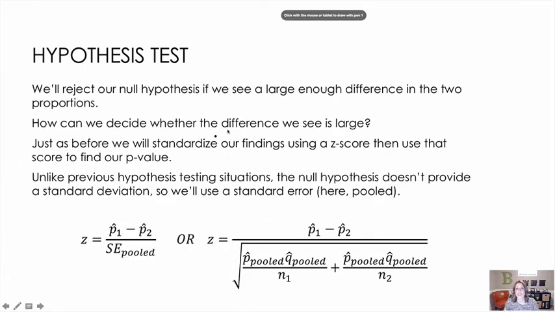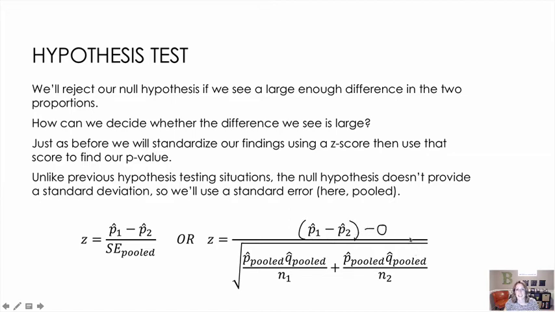Just as before, we're using the same concepts as to whether we reject or fail to reject. We're still going to use 0.05 unless we're in a situation, like we will be here in a little bit, where we are deciding what level we should be using based on the level of confidence that we have done. We're going to find our z-score, and remember our z-score is our observed minus expected.